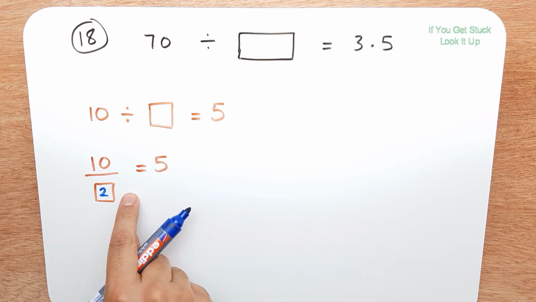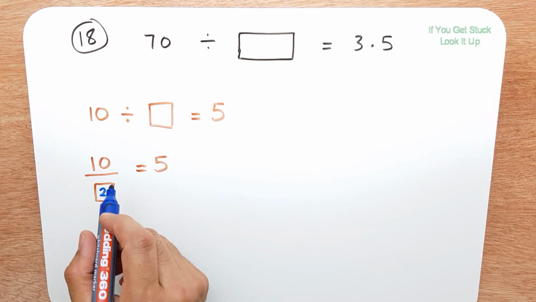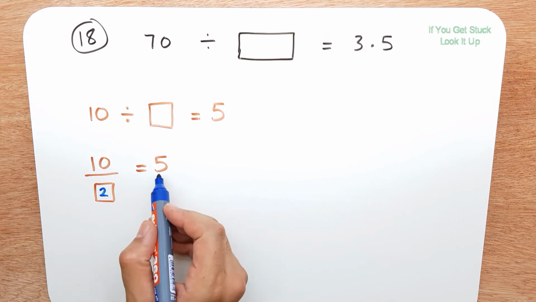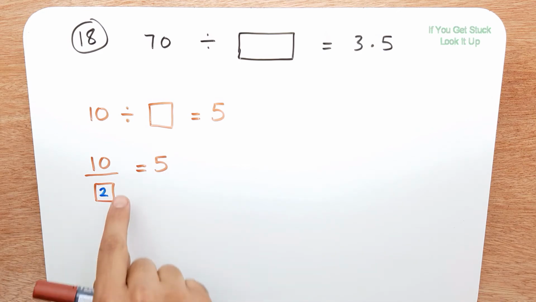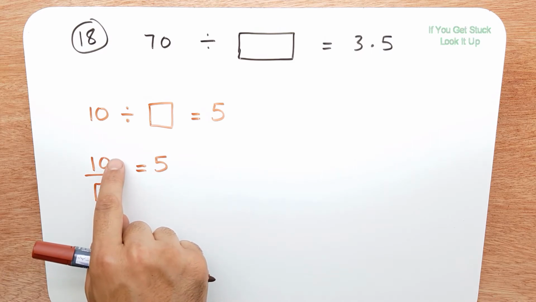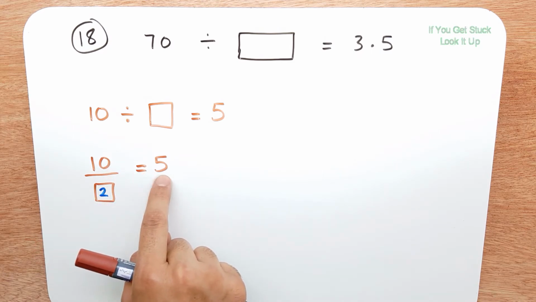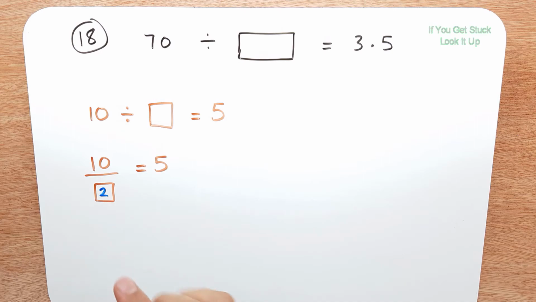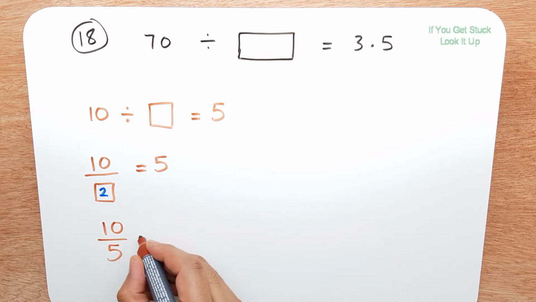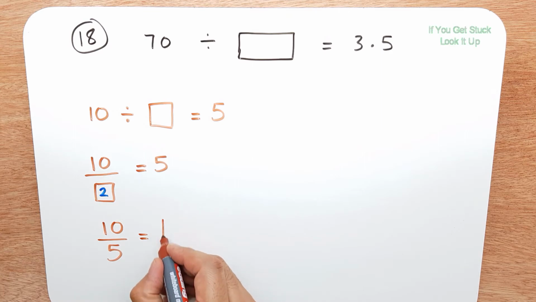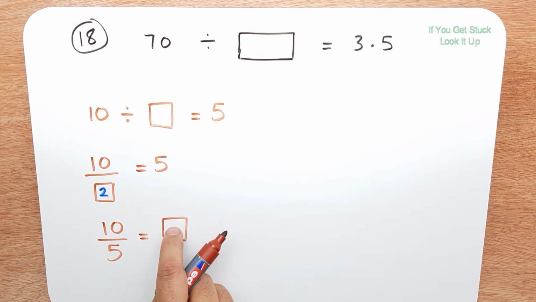But the question is, what do you do to the 10 and the 5 to get the 2? So I can see from here I need to take the 10 and share it by 5. Take the 10 and divide it by 5. So I can do this: 10 divided by 5 equals this box. And there's a 2 that goes in there.